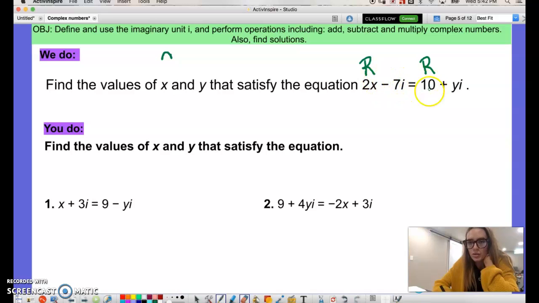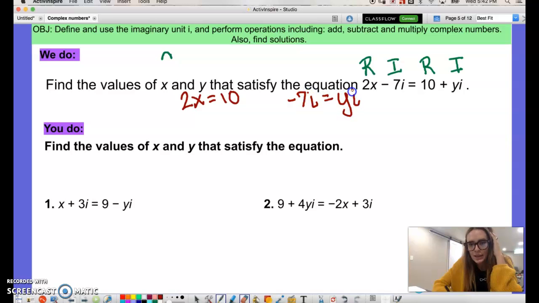So a real and an imaginary make up a complex number, right? So we'll set the reals equal to the reals and the imaginaries equal to the imaginaries. So we'll have 2x equals 10. And then for our imaginaries, we'll have negative 7i, don't forget the negative, equals yi.